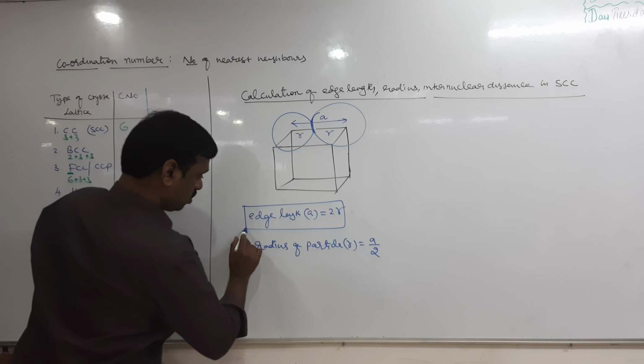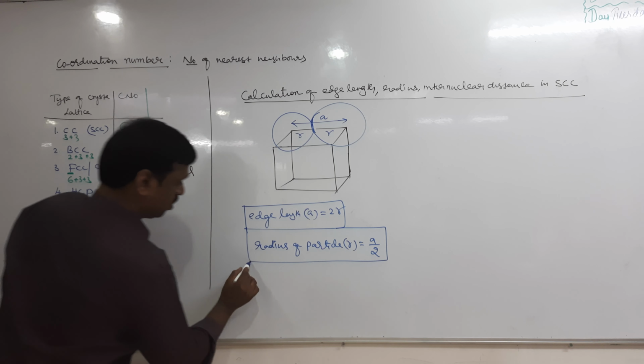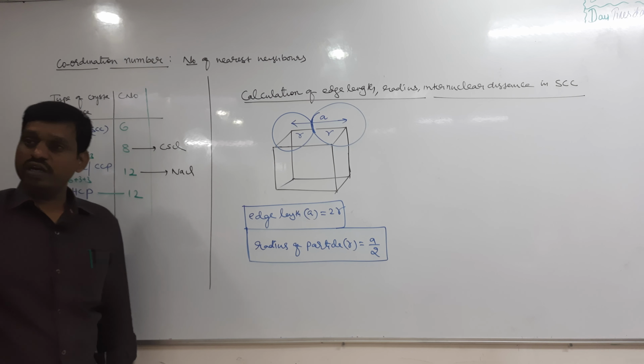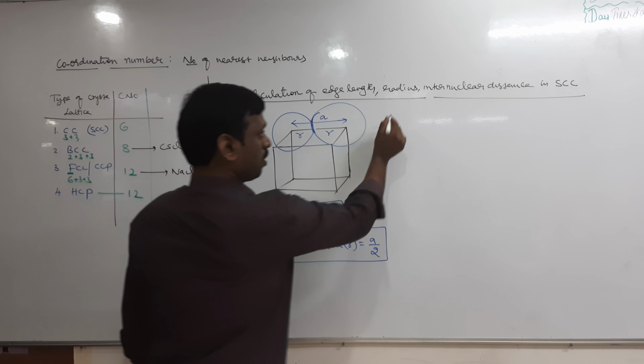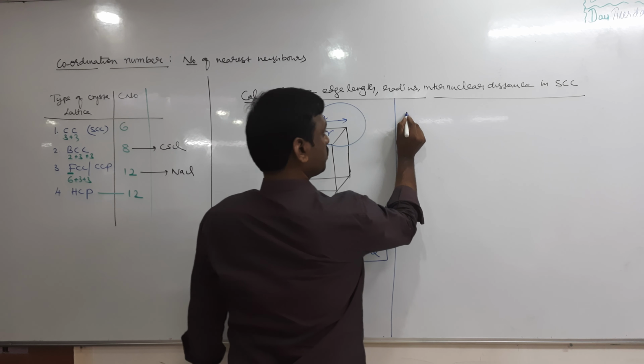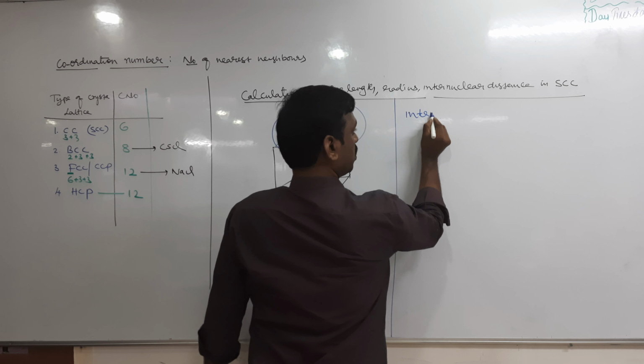Right? This is one more important formula. Next is internuclear distance, which is also called nearest neighboring distance.